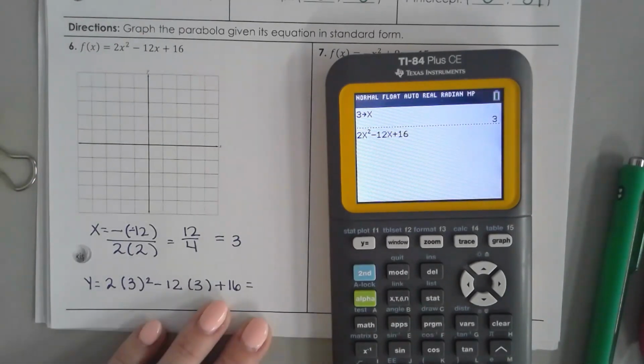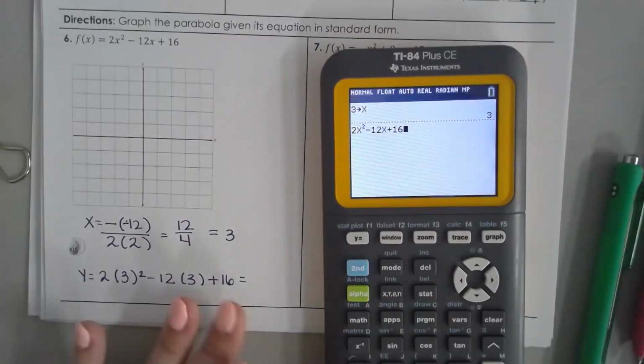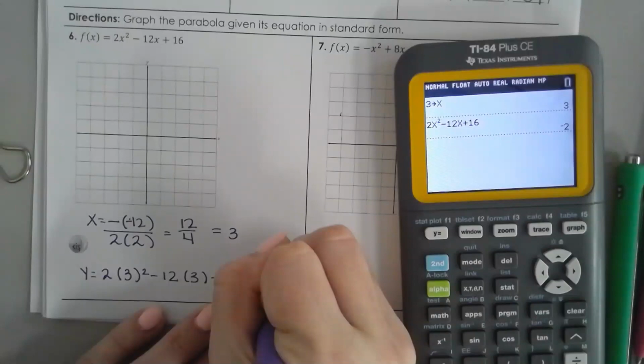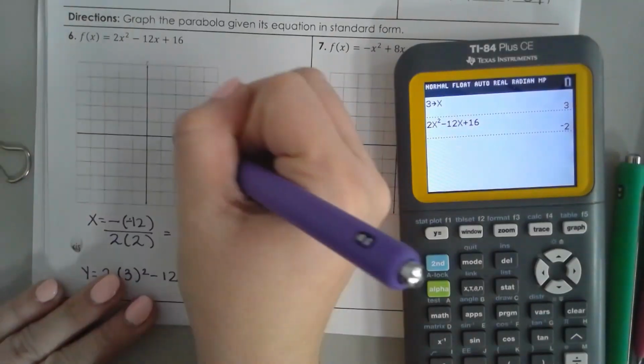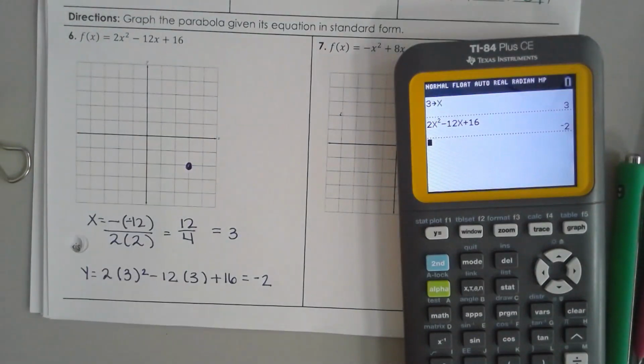So I did 3 store x, and then I typed in the equation to get -2. So my vertex is at 3, -2.